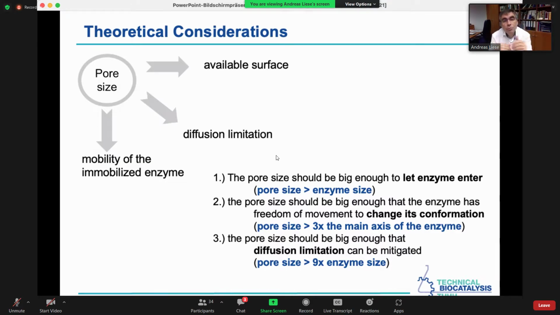Because the important point is that we design a process with the minimum amount of diffusion limitation. Otherwise, we can have the best reactor with the best catalyst, highest activity, but if you have a high diffusion limitation, it will always be non-productive.